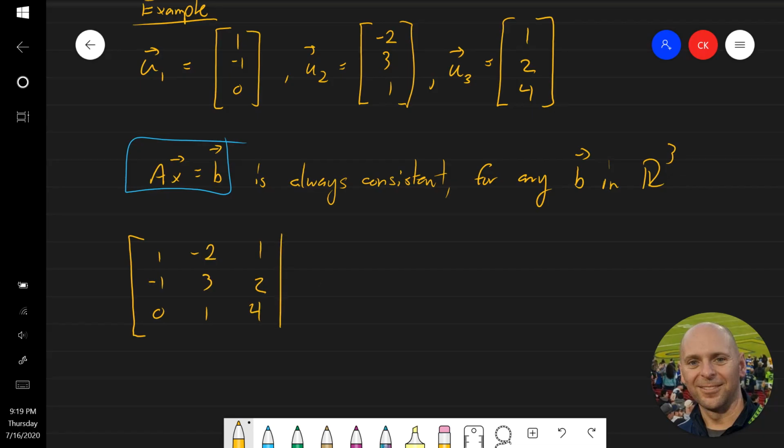And as we've typically done in the past, to determine range, we'll throw in the scalars B1, B2, and B3 on the end here for our constants. And then we would go through the row reduction process here.